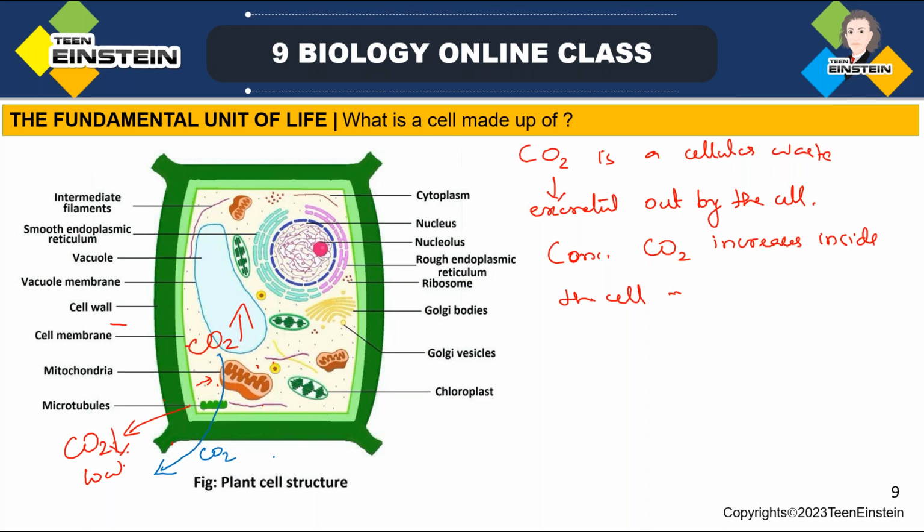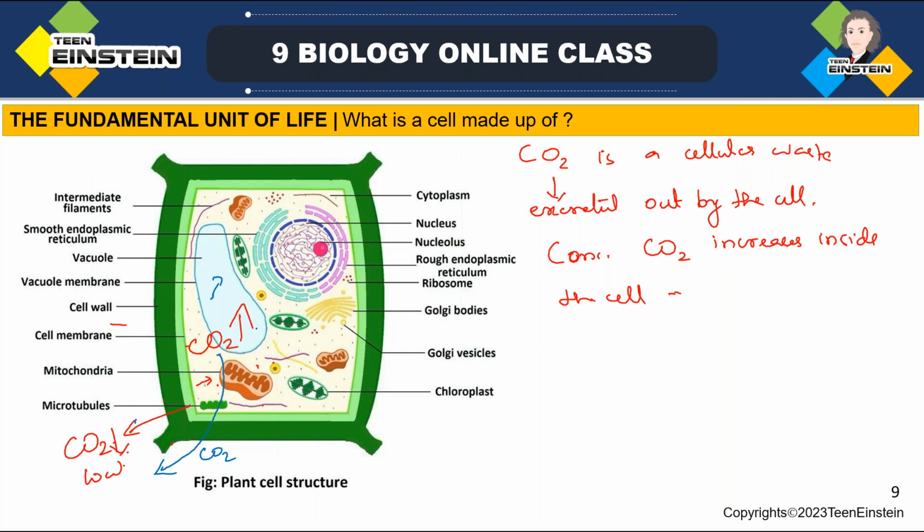But here you should not get confused about where the higher concentration is and where the lower concentration is. See, with cellular processes going on inside the cell, all the reactions and work are going on, so the cellular waste will increase, right? So the carbon dioxide concentration will be more inside the cell. Continuously it is taking place and carbon dioxide is increasing. Compared to inside the cell, outside the cell carbon dioxide concentration is low.